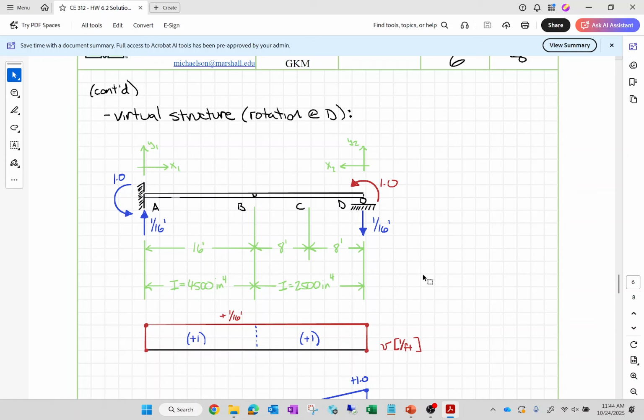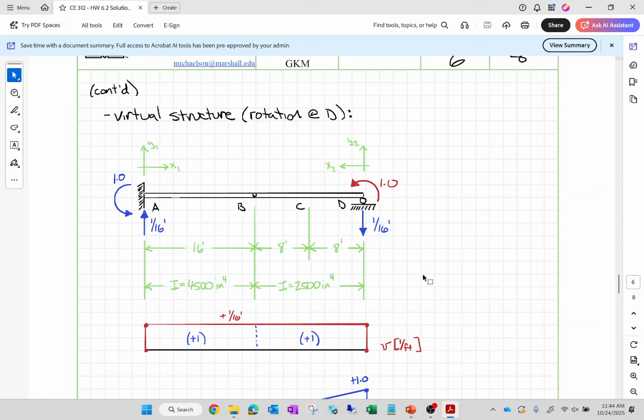So I'm basically changing the sign. Does that make sense? Was that one tough to wrap your head around? This was a difficult problem, I know.